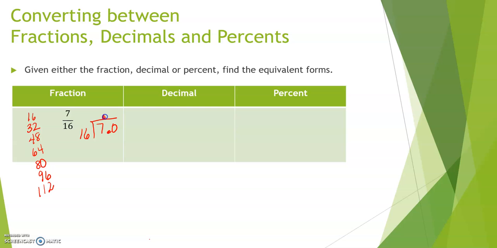Pop that decimal point up first. 16 goes into 70 4 times. 16 goes into 60 3 times. 16 times 3 is 48.